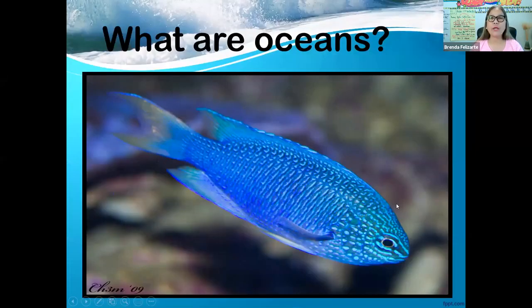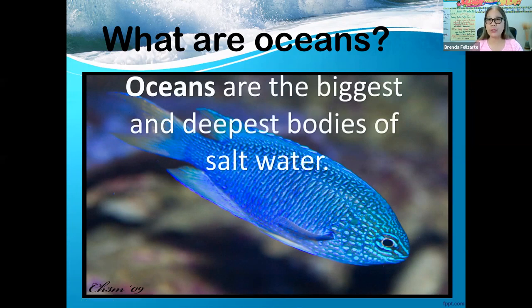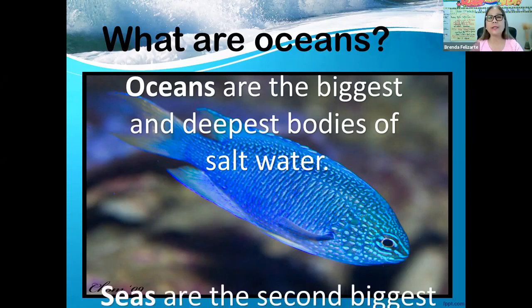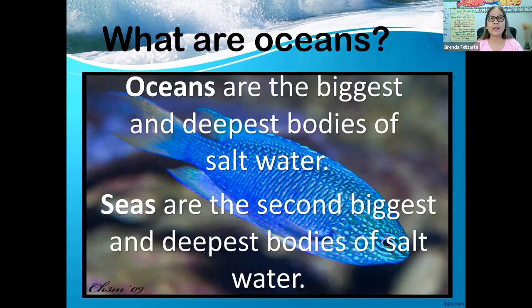So, what are oceans in the first place? Oh, wow, lovely this fish is. All right, oceans are the biggest and the deepest bodies of salt water. So there are two kinds of bodies of water, the freshwater one and the saltwater one. And oceans and the seas are saltwater bodies of water.